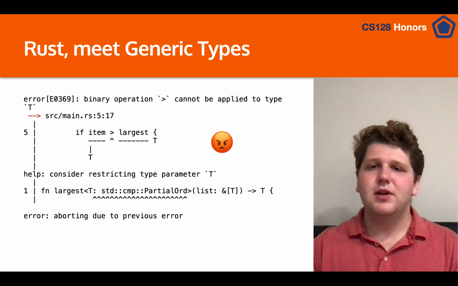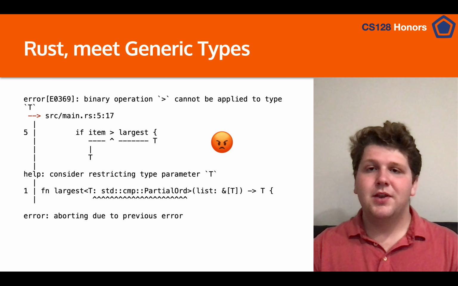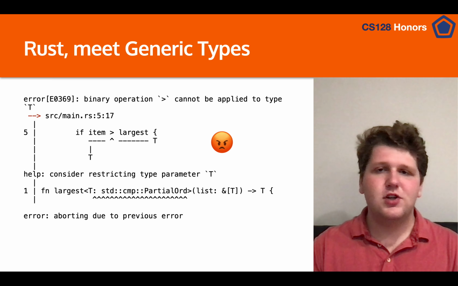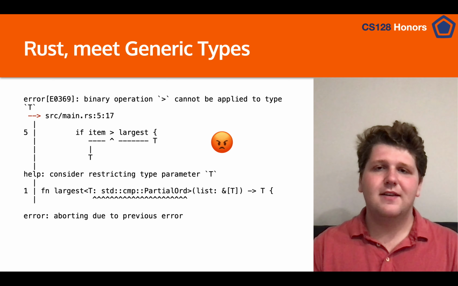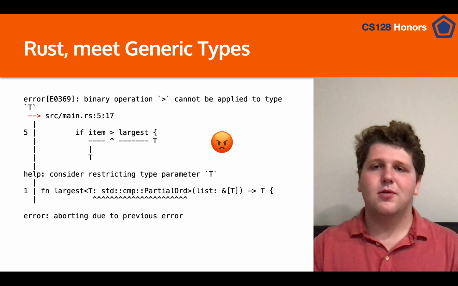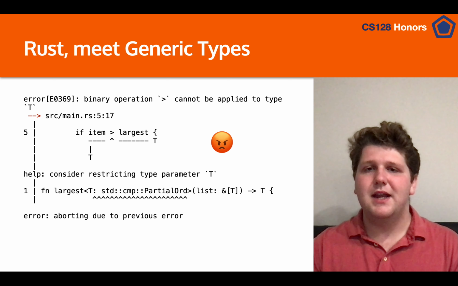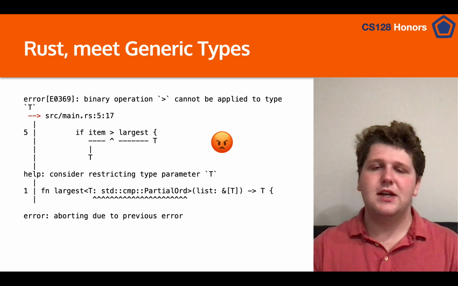So what if we had this really complex struct with like 15 different variables inside of it, and we needed to try and find the largest of those, right? Well, how do we determine which is the largest of that struct? If we just do greater than, it's not necessarily defined to actually work, right? Greater than is not defined for a struct that doesn't define it manually. So this is why Rust can't guarantee that we can use it with all types.